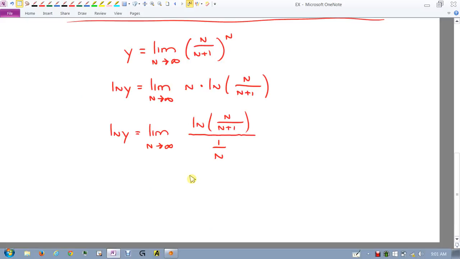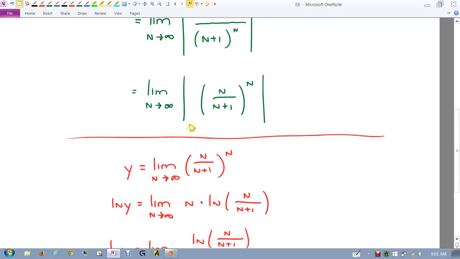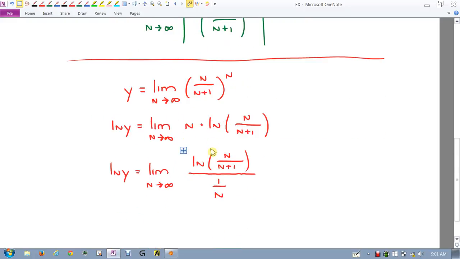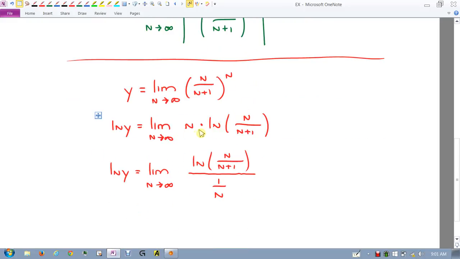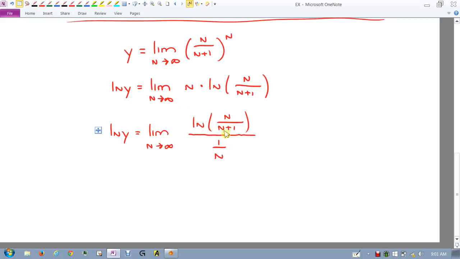At the end of this, when we set up the ratio test, we had this limit that we had to figure out. We realized that we were going to have to turn this from something that looked like 1 to the infinity into infinity times 0, and then drop this n down as a 1 over n. That way we could get something that looks like 0 over 0, and then apply L'Hopital's rule.